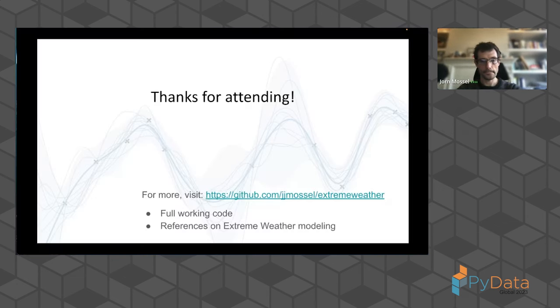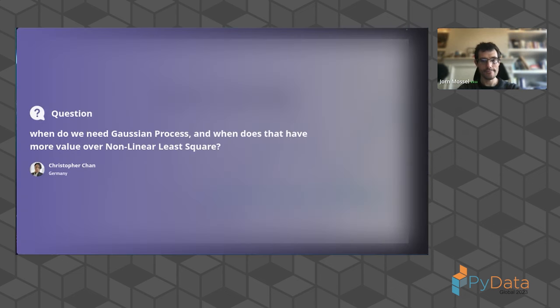Thank you. And the last question we have time for is from Christopher. When do we need Gaussian process, and when does that have more value over nonlinear least squares? Well, the Gaussian process here, as I mentioned, I can use it as a prior. Think about it as sampling over functions.